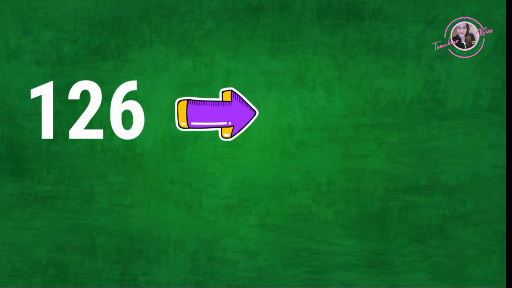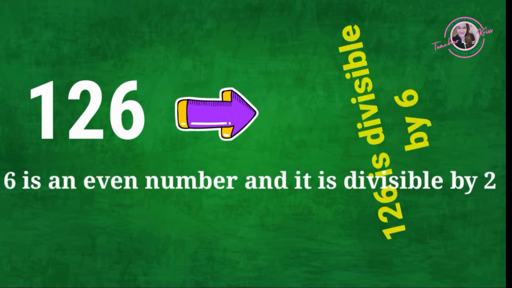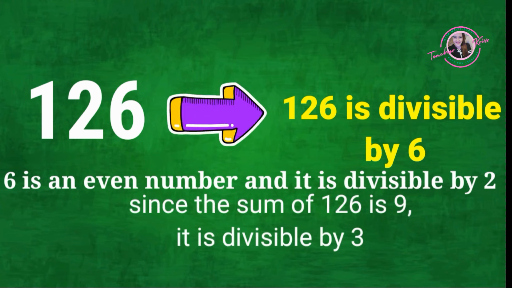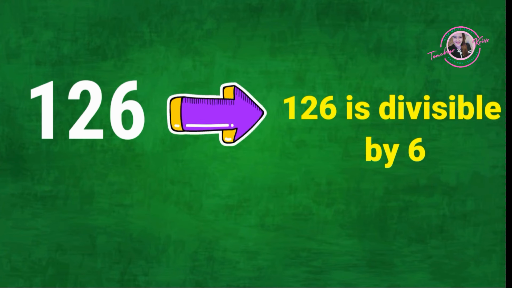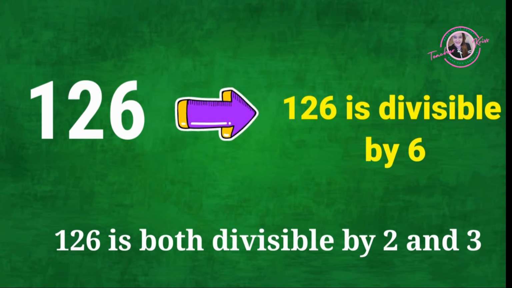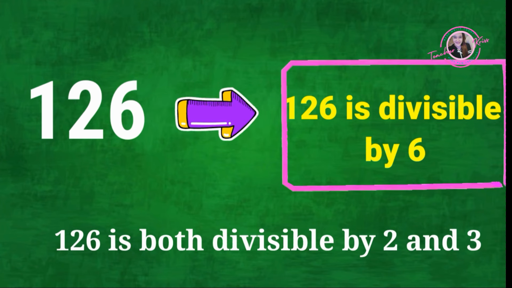Is 126 divisible by 3? Since 6 is an even number, it is divisible by 2. And for the rule for 3, since the sum is 9, it is divisible by 3. For the rule for 6, since 126 is divisible by 2 and 3, therefore, it is divisible by 6.